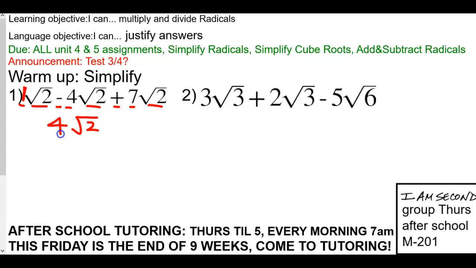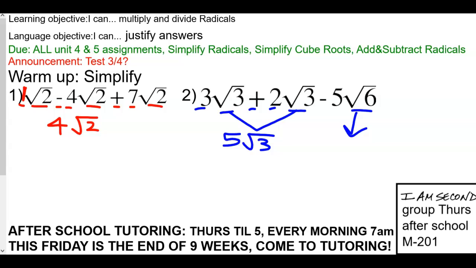All right, number 2, are all these square roots the same? Okay, so there's a square root of 6 that's different, right? So here's what you're going to do. You're only going to combine the like terms, and then the one that's different, you're going to bring it down. So let's do this. 3 plus 2 is 5. Square root stays the same, 3.